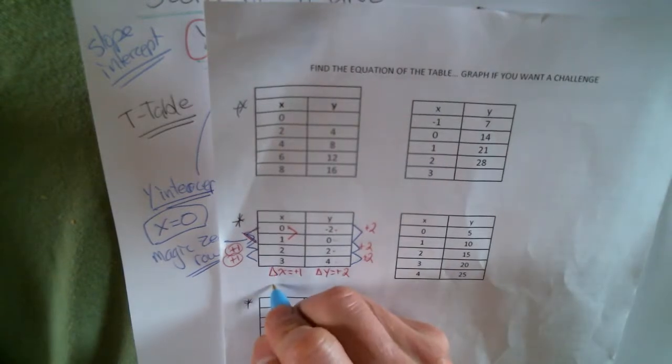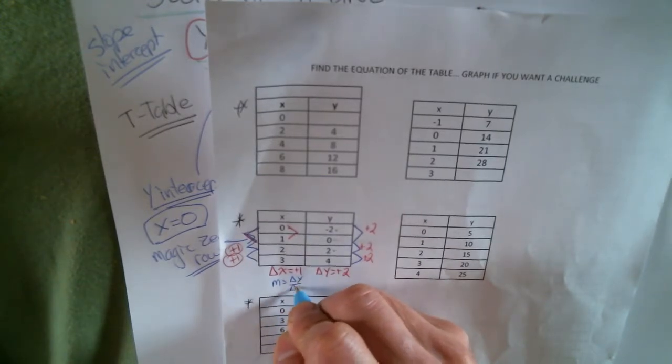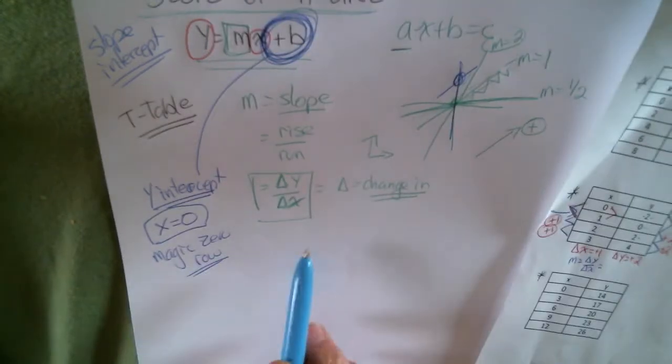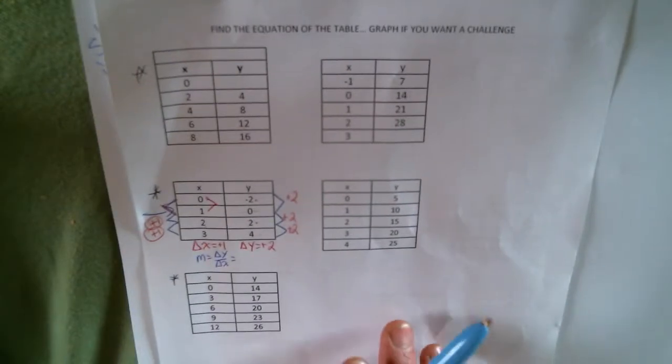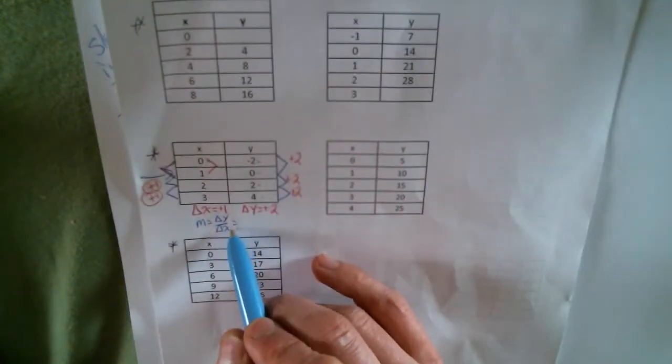Good. Now let's look at our m. We're going to calculate m. M is delta y, the change in y, divided by the change in x. Write it down, just like I showed you here. It's a formula. Don't make this complicated, because when you start to do that, you get confused and you don't want to work anymore. So make it simple. So delta y over delta x.